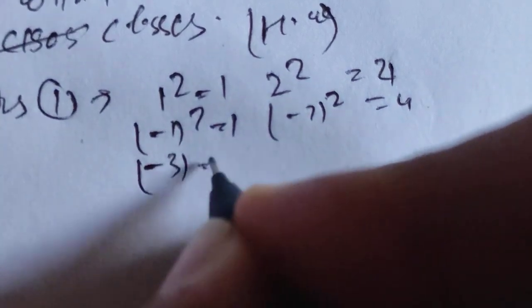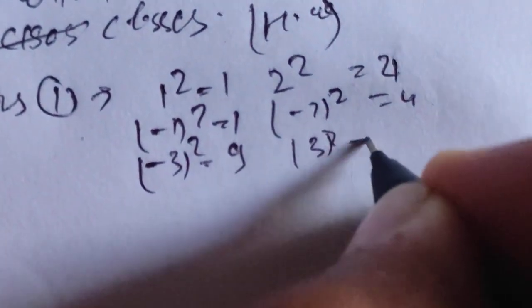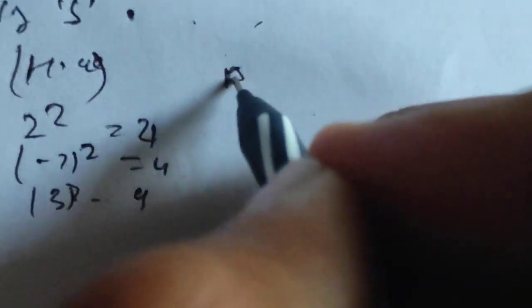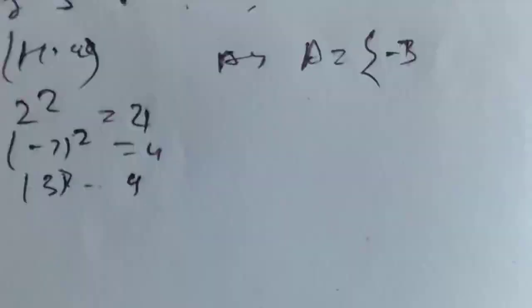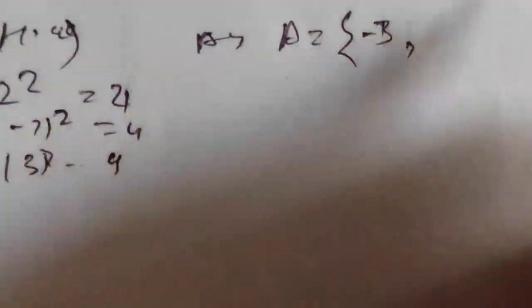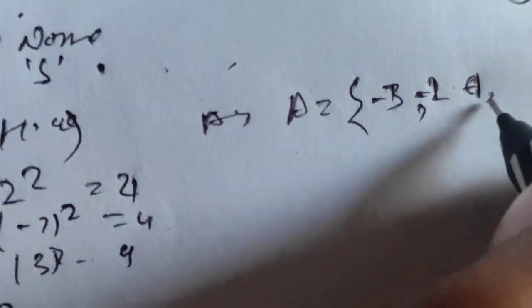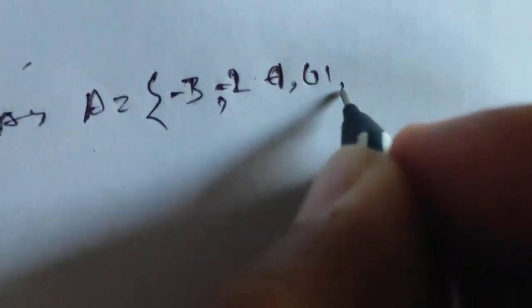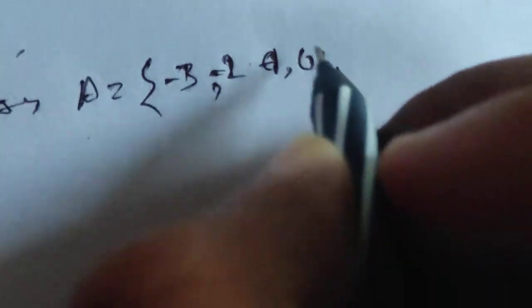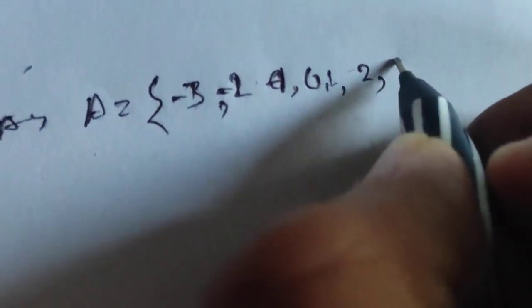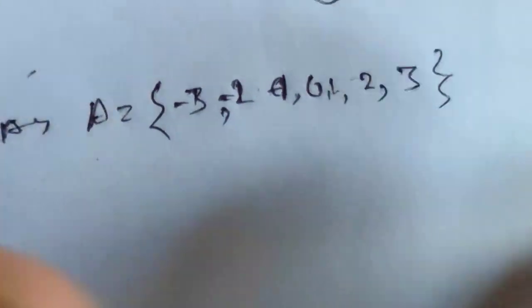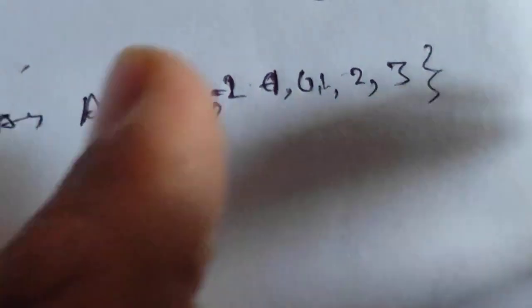Minus 3 squared is 9, and 3 squared is 9. So our answer, in ascending order: minus 3, minus 2, minus 1, and I missed something, 0, which is also a number, then 1, 2, 3, using commas to separate. So this is an example of a set in roster form.